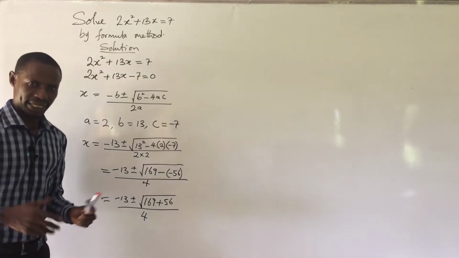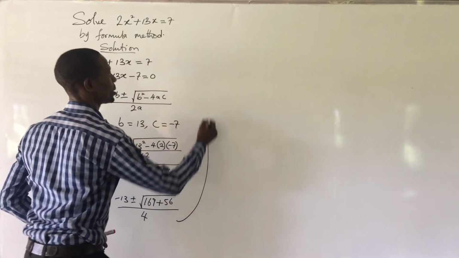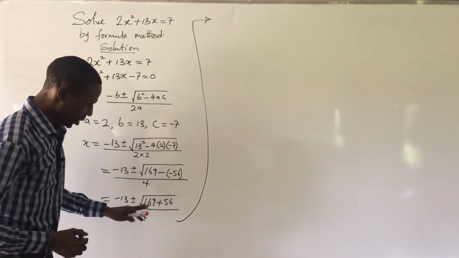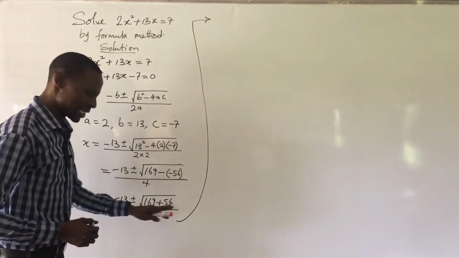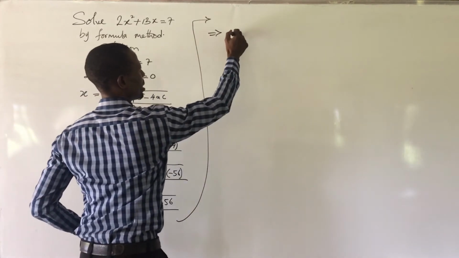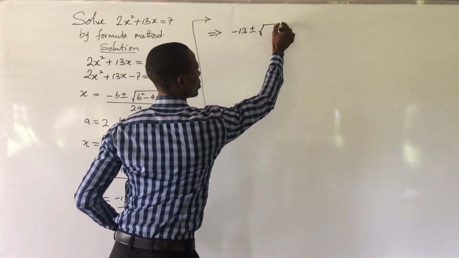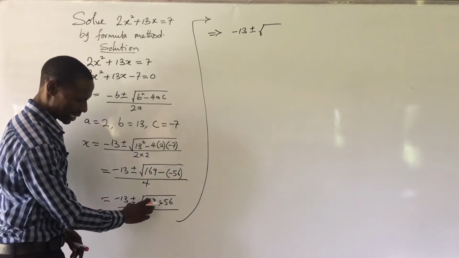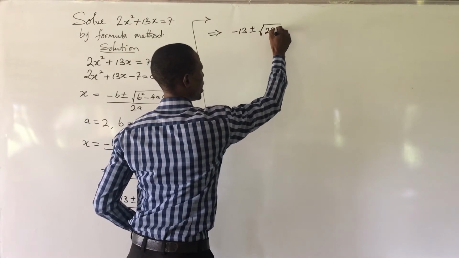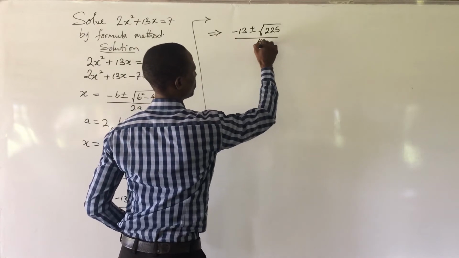All right. Any confusion? No. So we proceed again. Now, look at this now. We cannot add the two figures inside the square root together. And if you do that, this now implies that minus 13 plus minus the square root of 169 plus 56 gives us 225 all over 4.